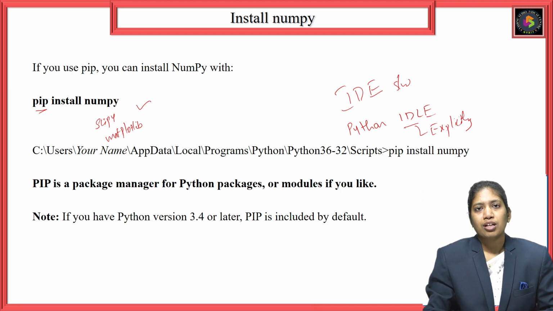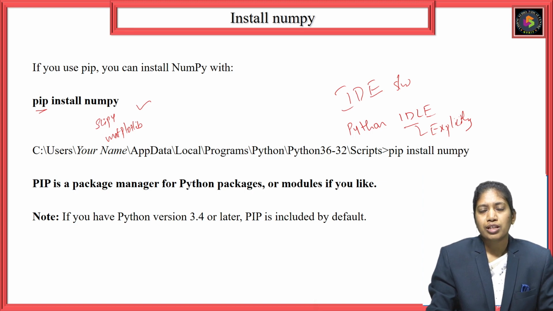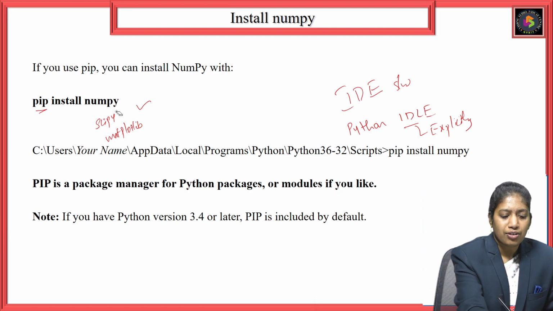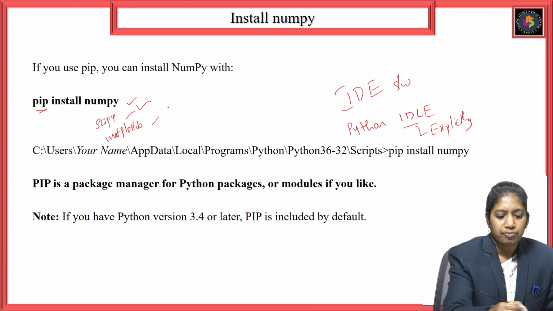In earlier versions before 3.4 there is no pip at all; for pip purposes we also need to install pip, which is the preferred installer program. But from 3.4 and later versions onwards, pip is available by default. With the help of pip, we can install our packages and libraries: NumPy, SciPy, Matplotlib, TensorFlow, whatever.